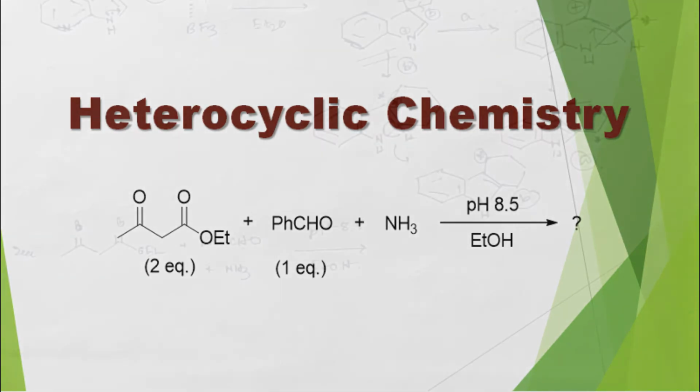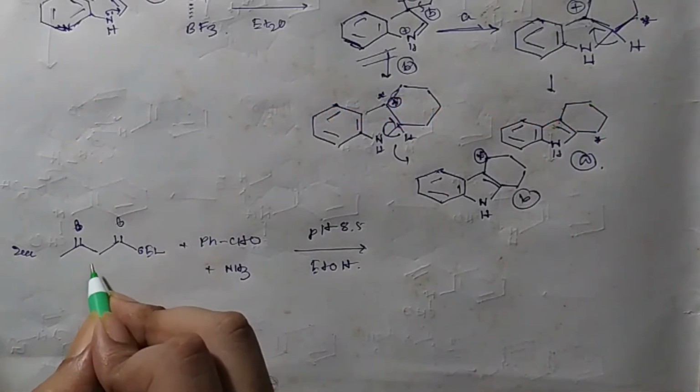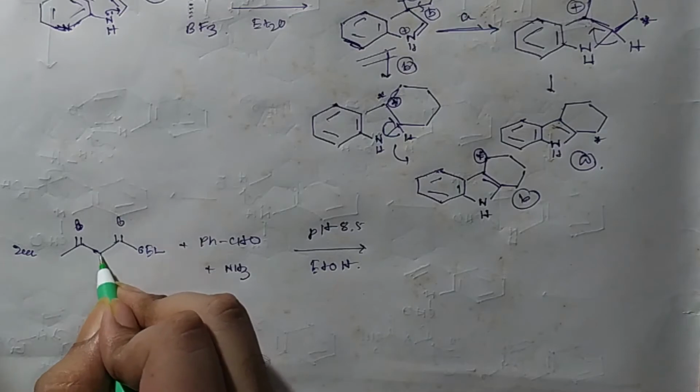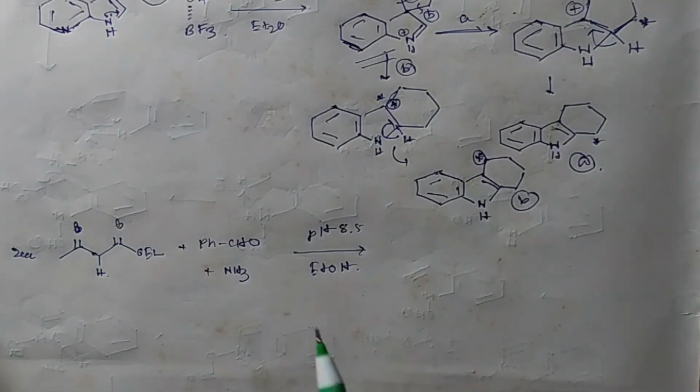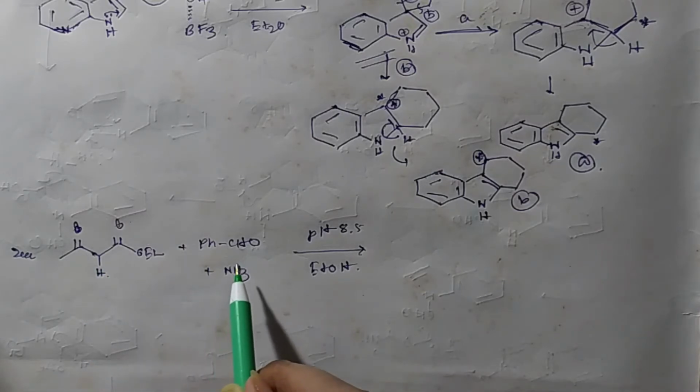At first, we know that this is an active methylene group where this hydrogen is very acidic, and at pH 8.5 it will be abstracted, creating an enolate, and that enolate will react with this carbonyl.